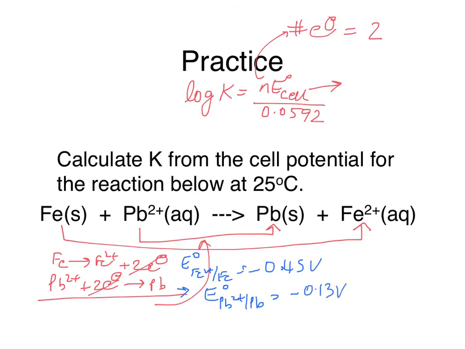And that makes sense because the lead, which is expected to go through reduction, has a less negative value, so we can use that.